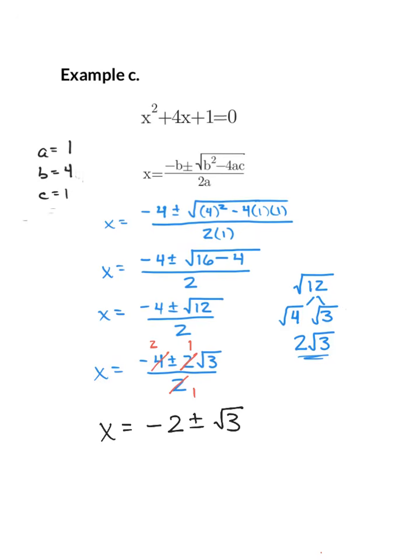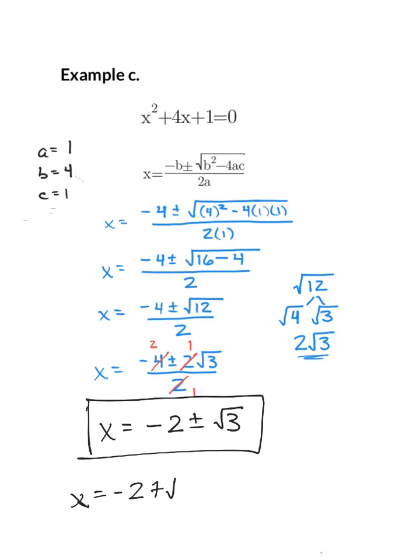And since our denominator canceled, we don't have to keep it. This is the answer that most people will accept. If it's in your My Math Lab, you may need to write it as negative 2 plus the square root of 3, comma, negative 2 minus the square root of 3.